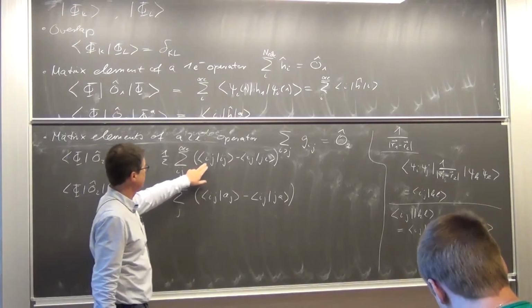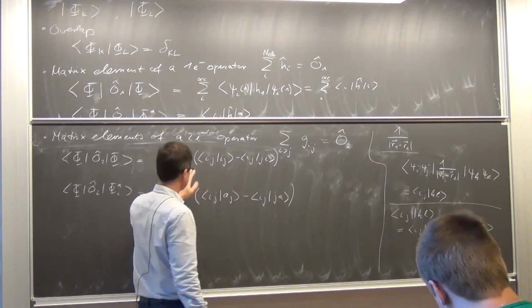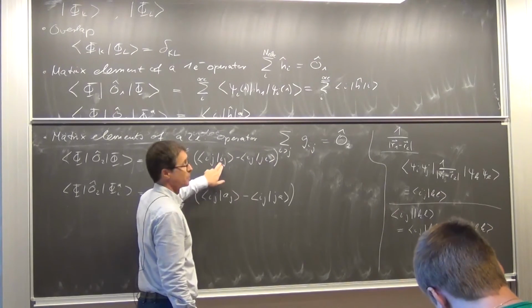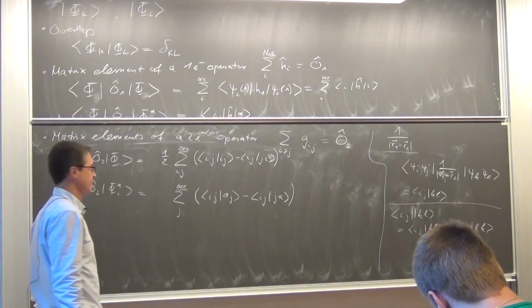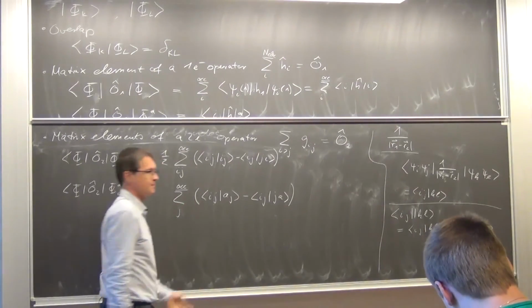Because what used to be i on the left-hand side is still i on the left-hand side, but what was i on the right-hand side is now a. And there's only one of them.